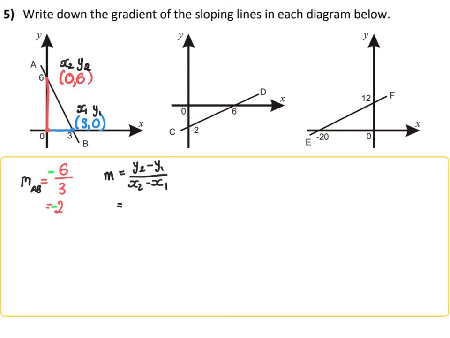Okay, and it doesn't matter which one you label x1, y1 and which one you label x2, y2. So y2 minus y1, x2 minus x1. 6 over minus 3. A positive divided by a negative makes a negative. 6 divided by 3 makes 2. So you can see that both ways give me the same answer.